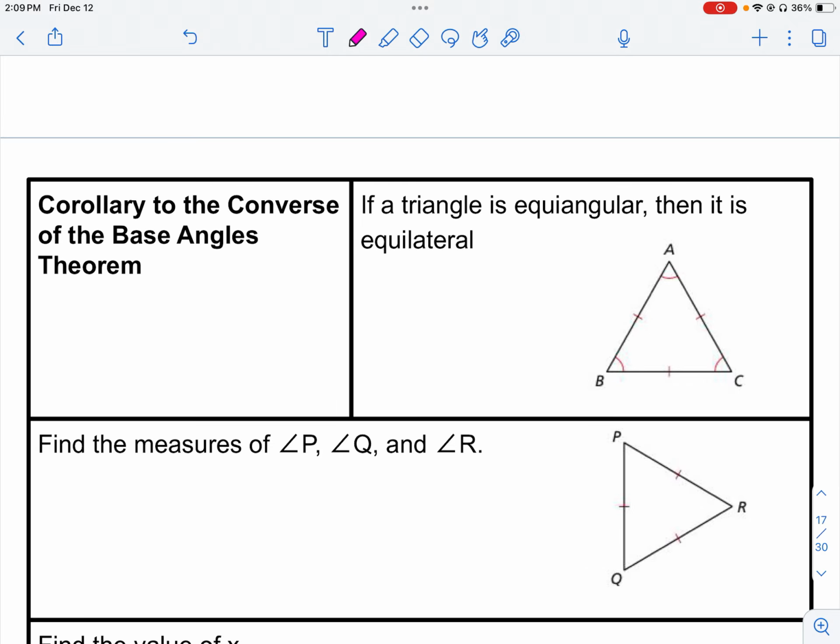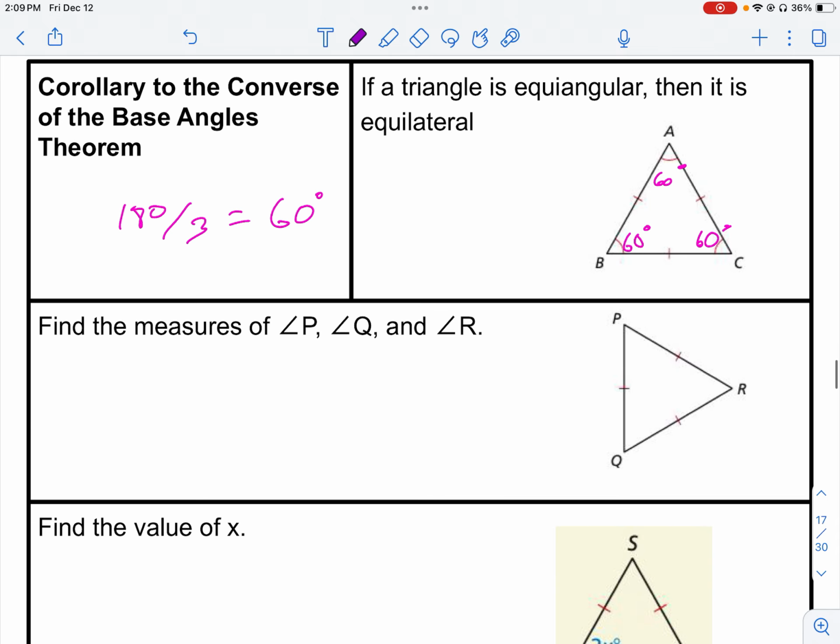All the equilateral triangles that have ever been built and that will ever be built are equiangular. And as we know, 180 divided by 3 equals 60 degrees. So every angle here is 60 degrees now and forever. So, spoiler alert, I should have said that first.